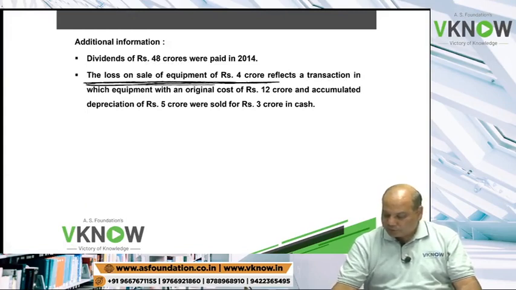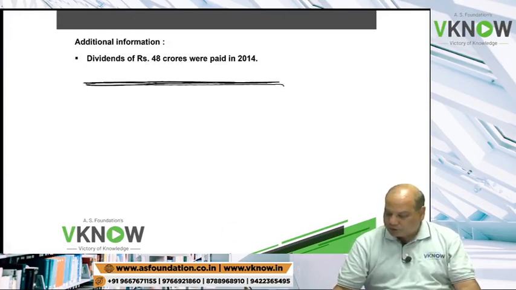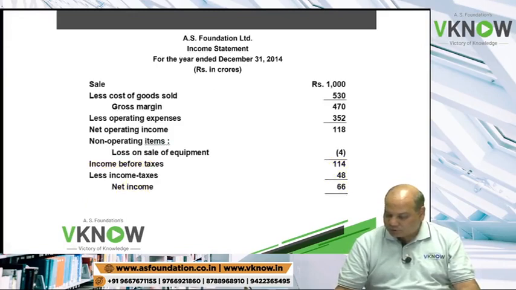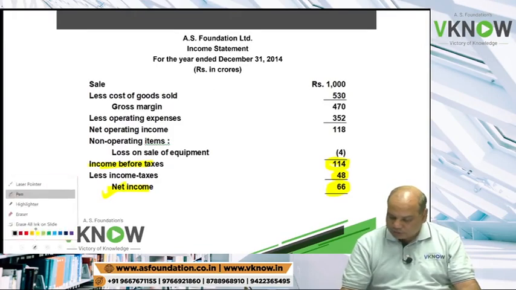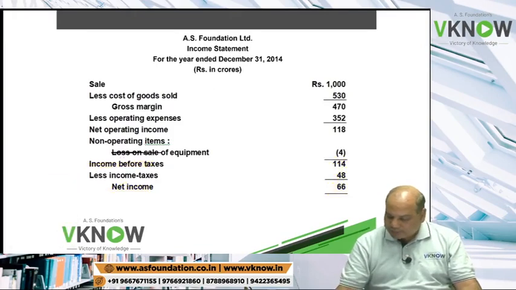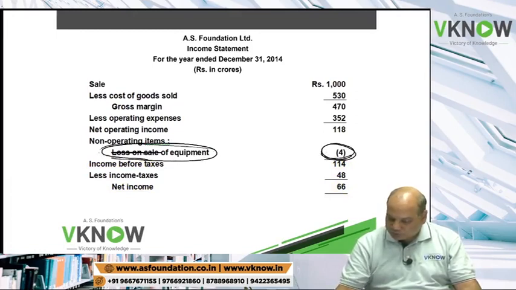Next point, number 2, in your book, point number B: the loss on sale of equipment of 4 crore. Which loss on equipment are they talking about? This one on the screen, this loss on sale of equipment of 4 crore.